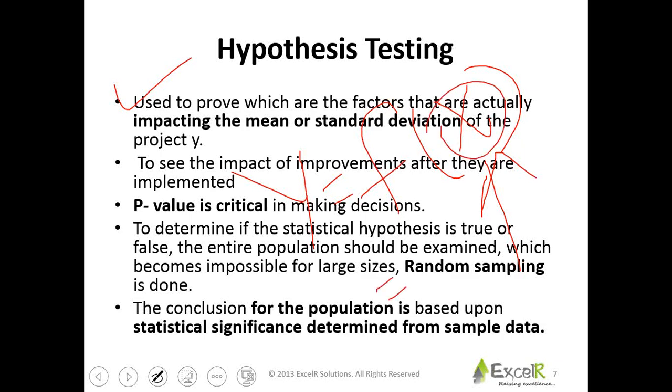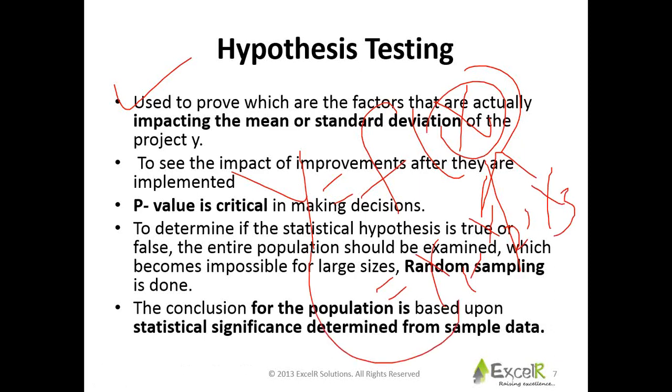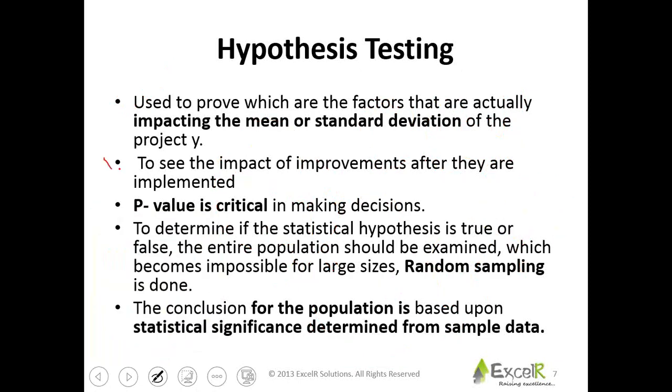What are those factors in x1, x2, x3? What factor is impacting your Y? And since we are statistically describing, we are not directly telling what factors are going to impact Y. We'll say what are the factors that are impacting the mean of Y. Mean is the average of Y, or the standard deviation of Y. All right.